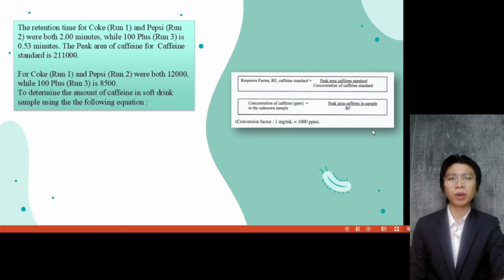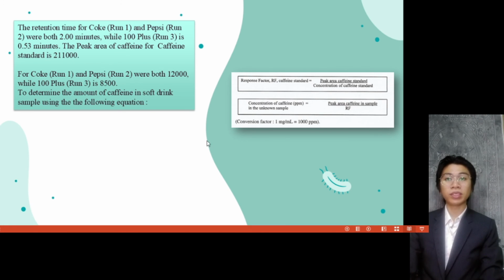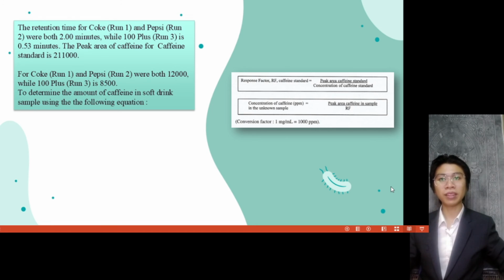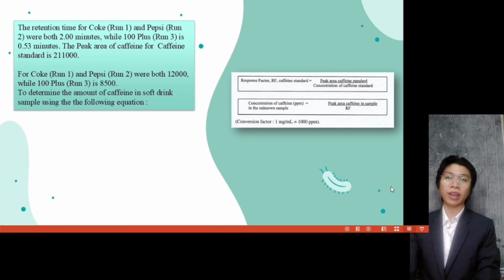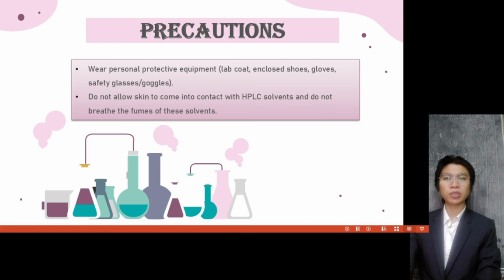Now, to determine the amount of caffeine in soft drink samples, the following equation is used. The response factor, Rf, is equal to the peak area of caffeine standard over the concentration of caffeine standard, and the concentration of caffeine in the unknown sample is equal to the peak area of caffeine in the sample over Rf.